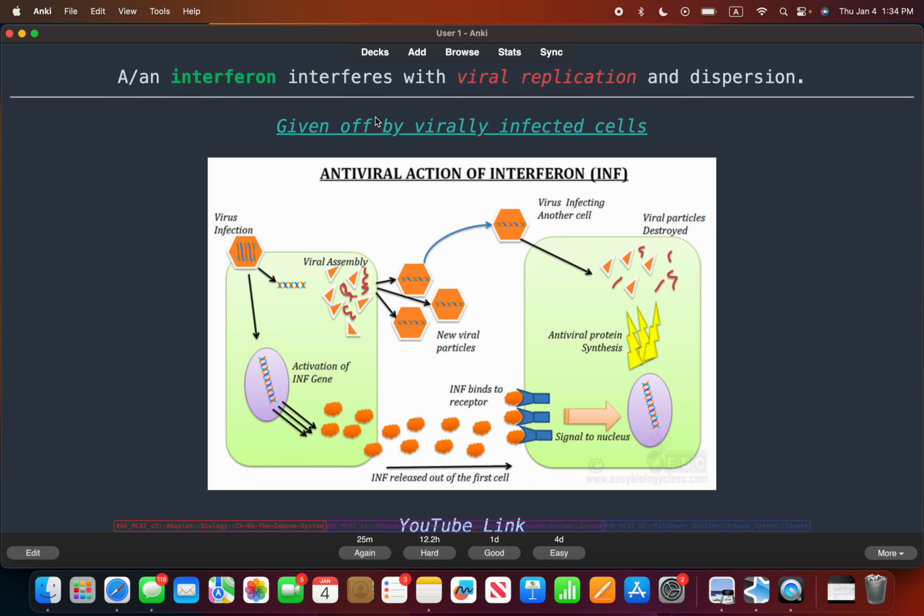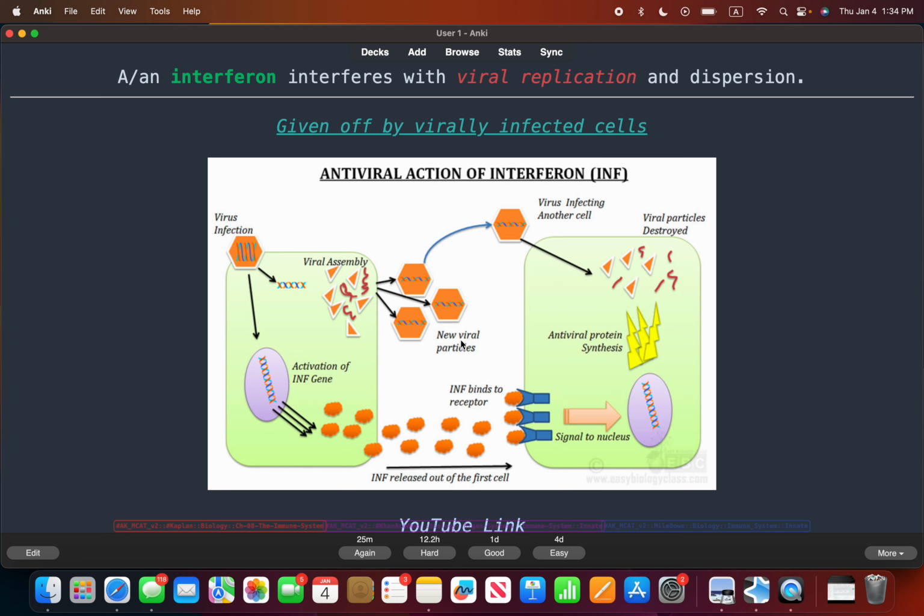So as you can see, we have a virus infection, then there is the viral assembly, and then there is the activation of the INF gene, and then the INF is released out of the first cell. So INF is interferon, right? It's the interferon gene. And then at the same time, the viral assembly gives out new viral particles, and then the virus infects another cell.